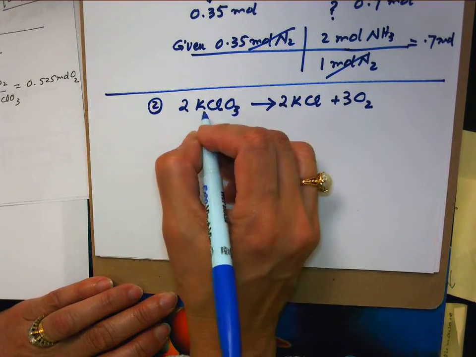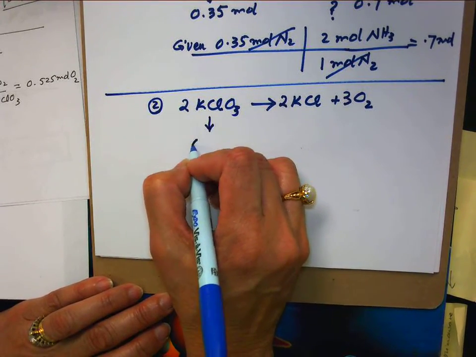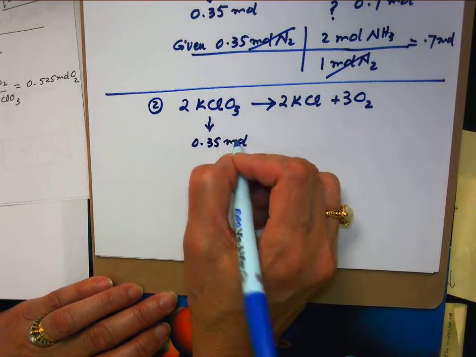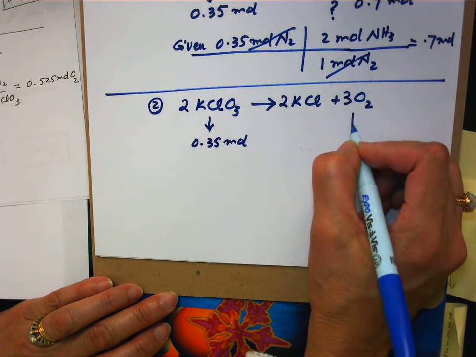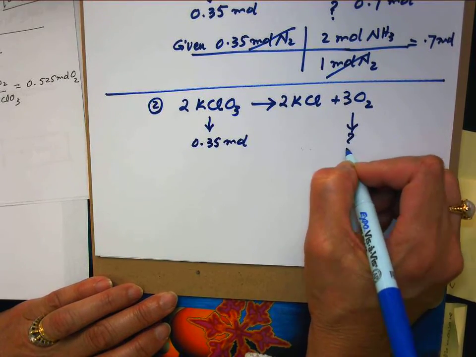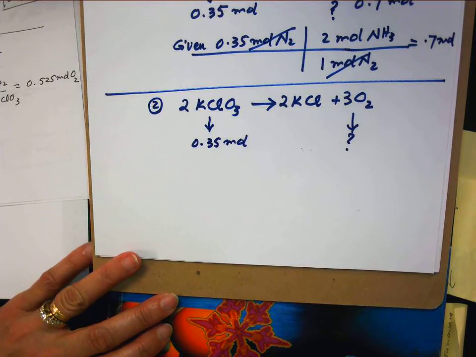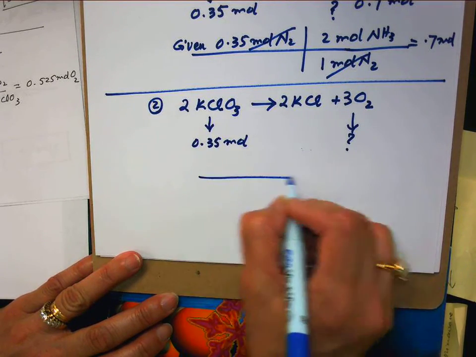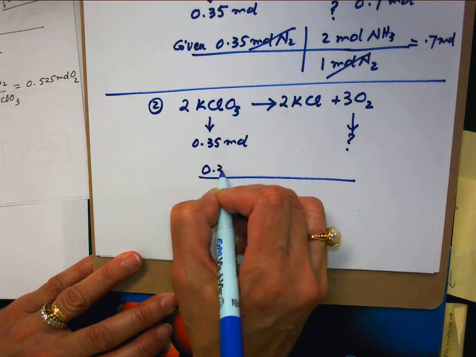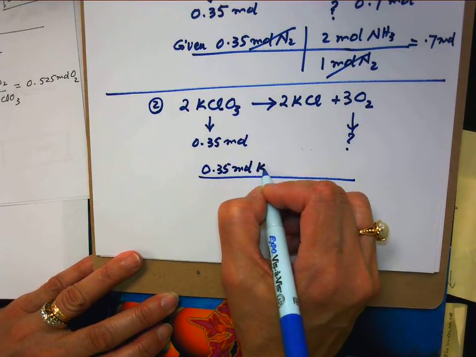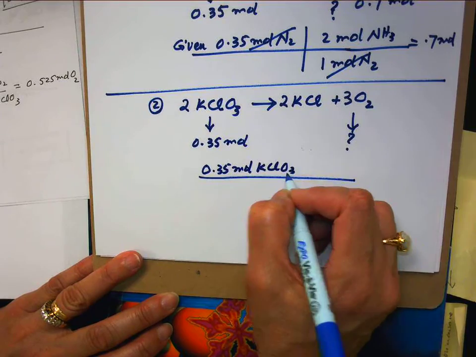Okay, so let's use the same number. 0.35 moles of KClO3. How many moles of oxygen will you get? Okay, so let's set it up. 0.35 moles of KClO3.